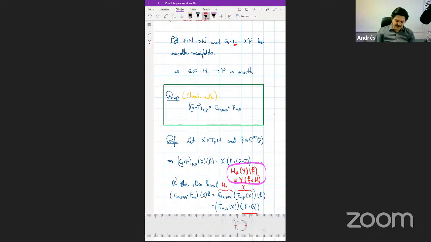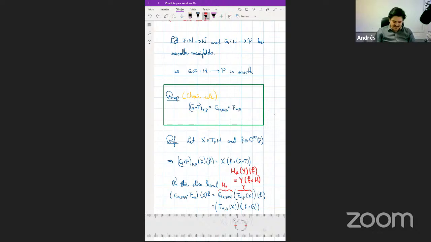This is a real valued function on N, and this is a vector on N as well. Okay?